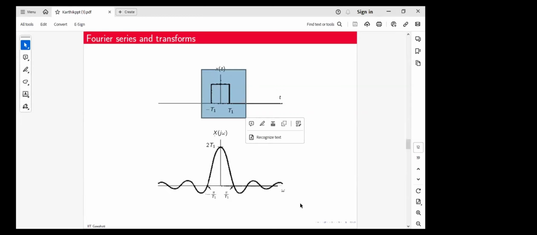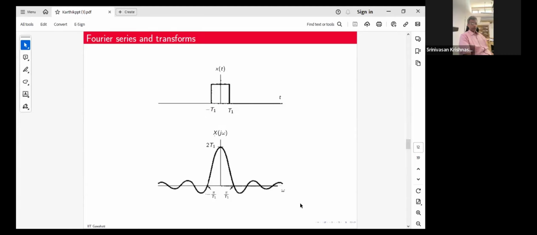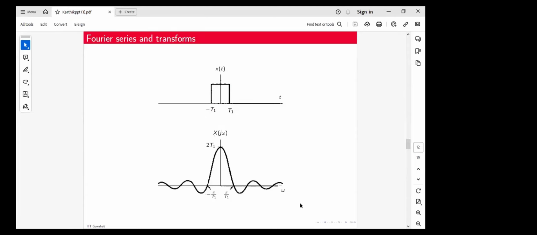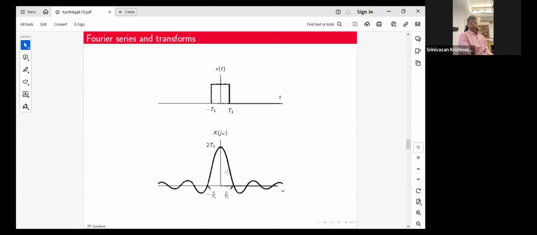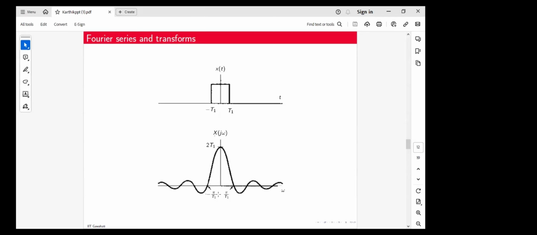Practically, when I look at a square wave, I believe it consists of a lot of frequencies which are almost flat. Is that correct? What would be flat is an impulse. A square wave here has a time interval from minus t1 to t1, and in the frequency plot it is minus pi by t1 to pi by t1.